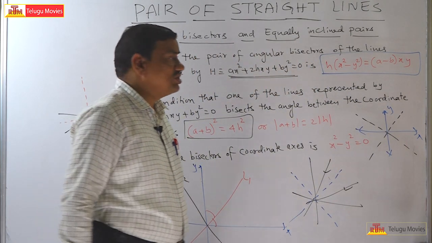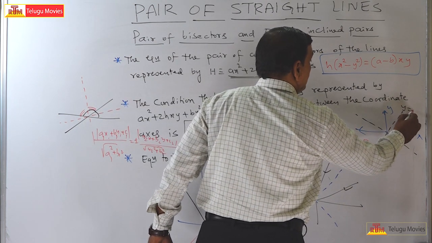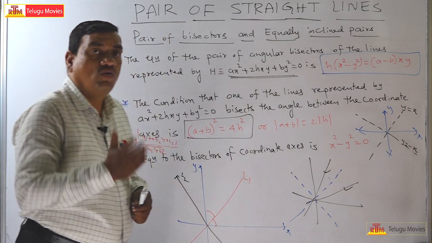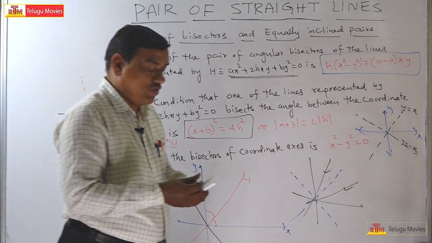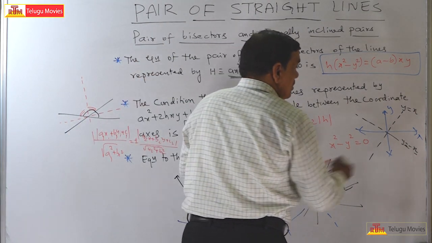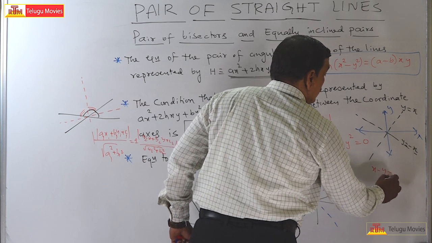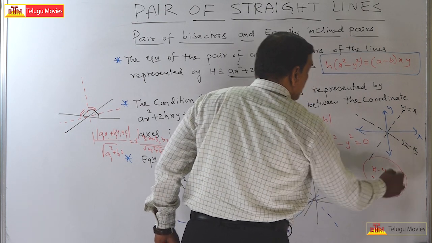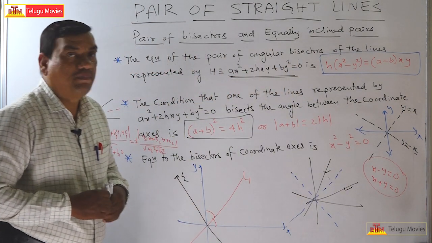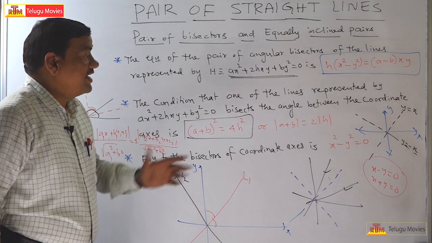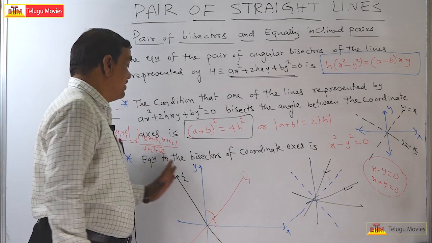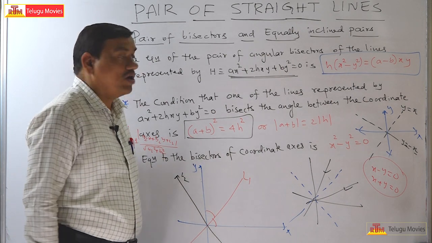We know that the equations of those angle bisectors are y is equal to x and y is equal to minus x. What is their combined equation? y is equal to x means x minus y is equal to 0, y is equal to minus x means x plus y is equal to 0. Their combined equation is x plus y into x minus y, that is x square minus y square is equal to 0. So that is the equation of the bisectors of the coordinate axes.